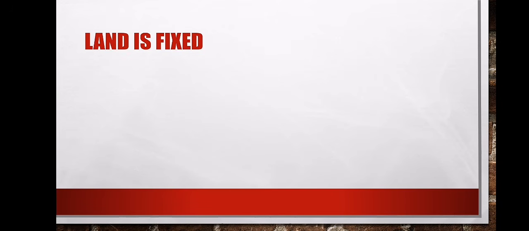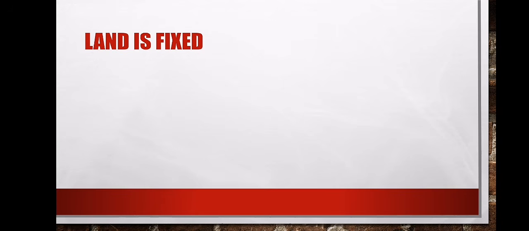Let's quickly look at this one. Land is fixed. This one is very easy. We say land is immovable in a simpler way, meaning there's no way you can take land from one position and take it to another position. So we say land is fixed.